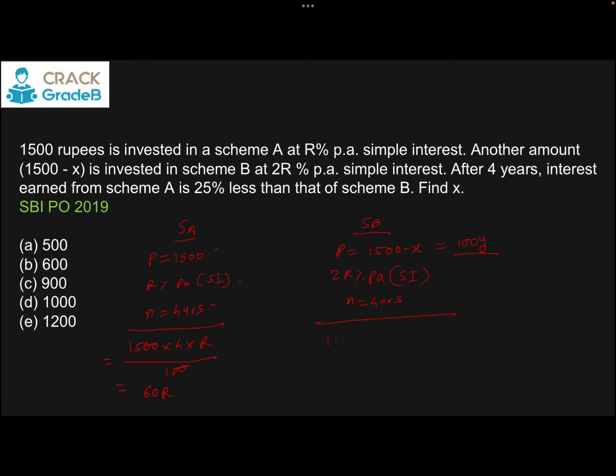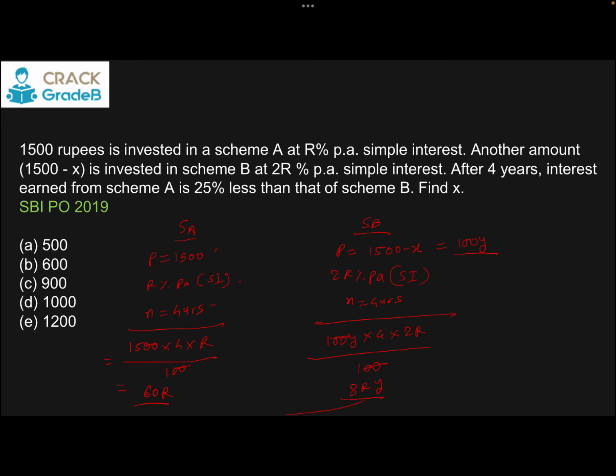Here again if you use the formula, principal into number of years into rate of interest upon 100 is the interest earned, that is going to be 100 cancel, 8 times of R into Y.